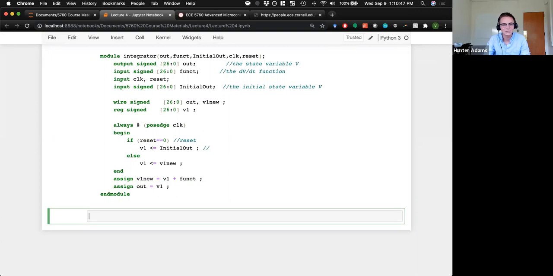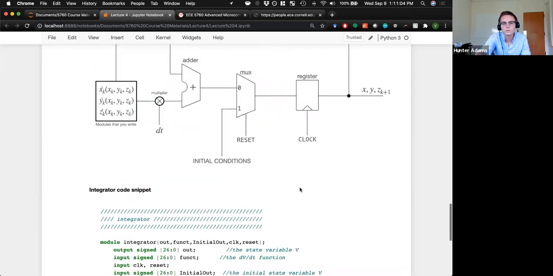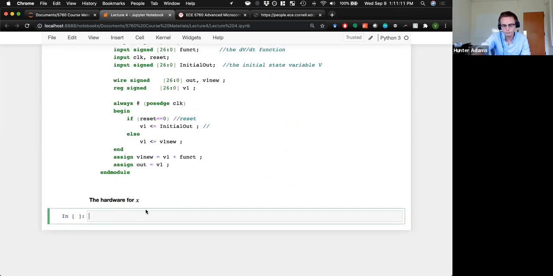So let's take a look specifically at one of our state variables in particular. So let's look at the hardware for X. What I want to do is look at the hardware being built specifically for our X state variable.